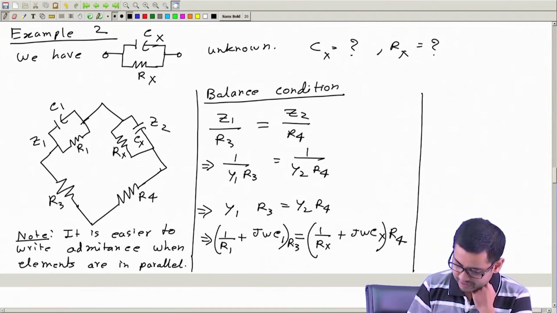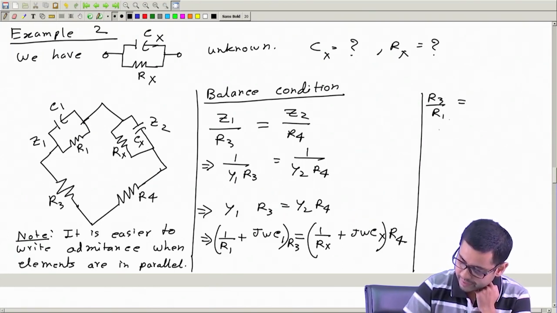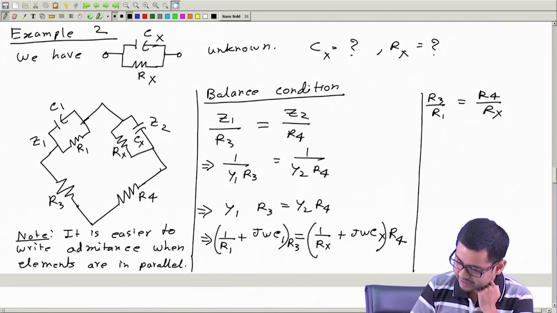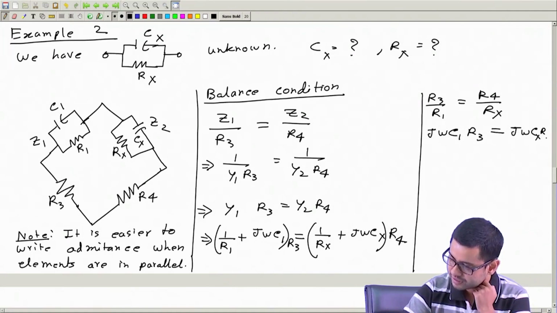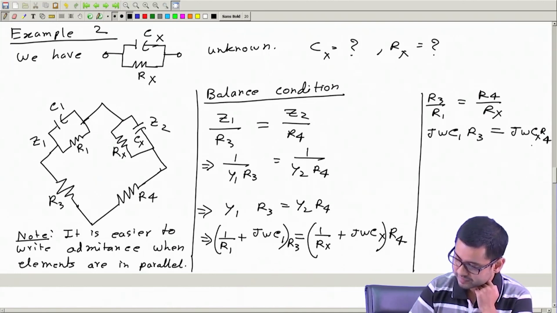So, we can write the real part, which will be R3 by R1 same as R4 by Rx, and the imaginary part, so j omega C1 R3 equals j omega Cx R4, sorry.